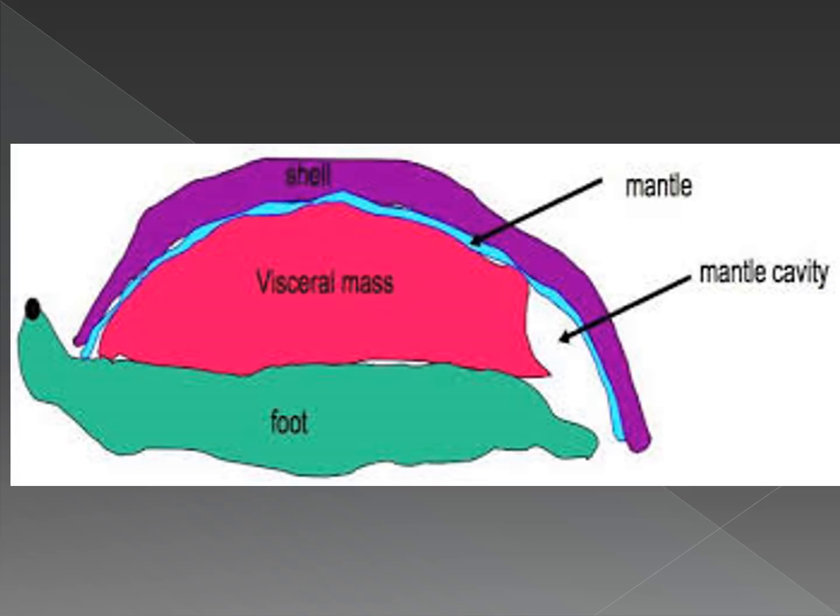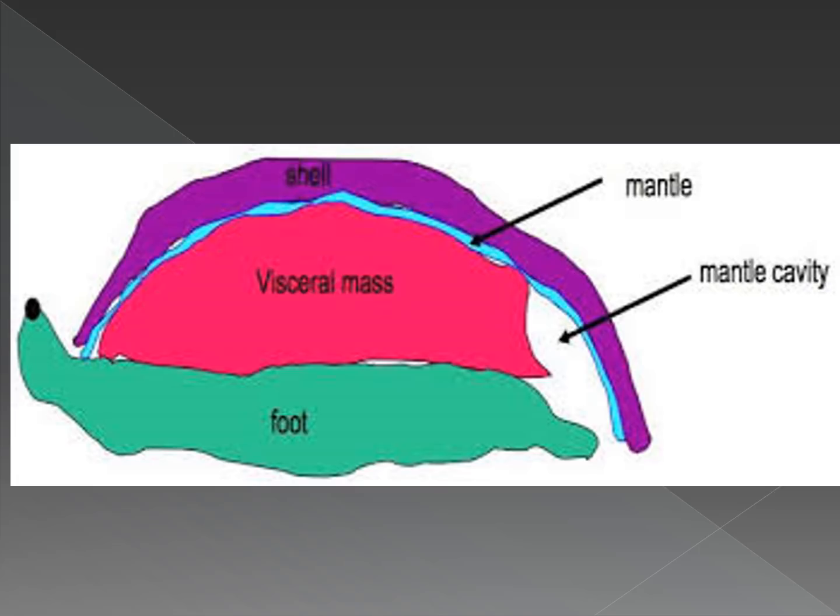So these animals normally contain shells. Maybe internal shells or external shells, but they have shells. So the presence of shells can also be considered as one major characteristic because of which you can classify them under the phylum of Mollusca. The visceral mass is basically the part which is covered under the shell.